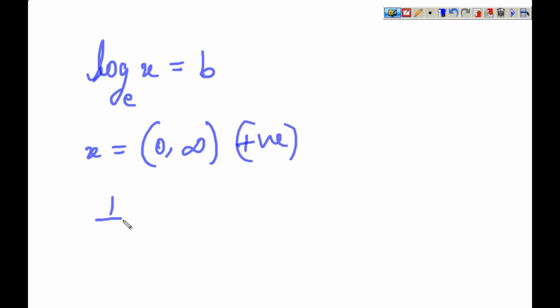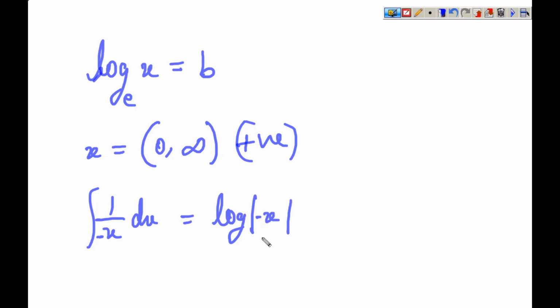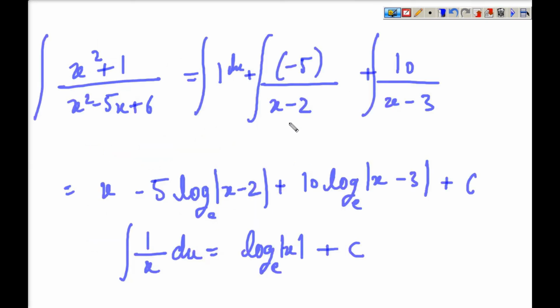Therefore, when I integrate 1 by x and get log of x, if we have a negative x here, log of x cannot be of minus x, because it will not be a logarithmic function. Therefore we write log of mod of x. Whatever negative we have here will become positive. So every time you integrate something like 1 by x, the integral will always be log of mod of x.